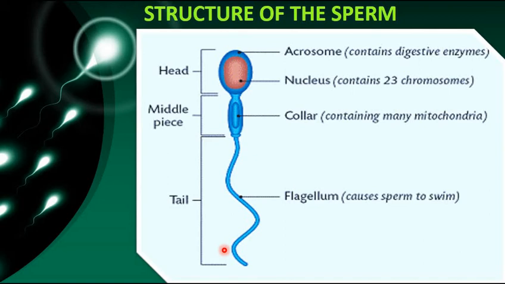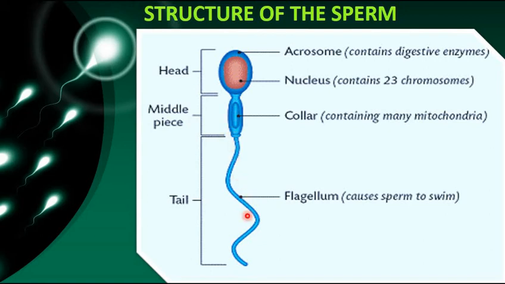Now the structure of the sperm or spermatozoa, as a unicellular structure, is divided into three parts. We have the head, it has a middle piece, and it has a tail, a whip-like tail that we call the flagellum.